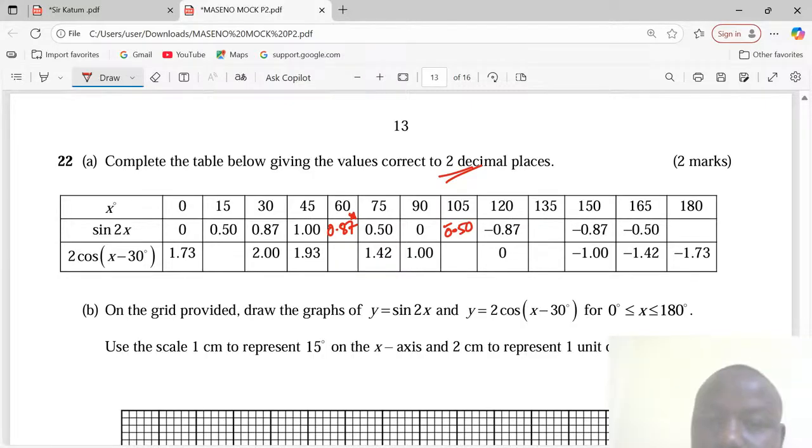But now, because of the examiner's instructions, we add another 0 at 135. So the sine of 2 times 135, I'm having negative 1. So it should be negative 1.00. We have 180. So the sine of 2 times 180, this is exactly 0, but we write it as 0.00 to 2 dp.